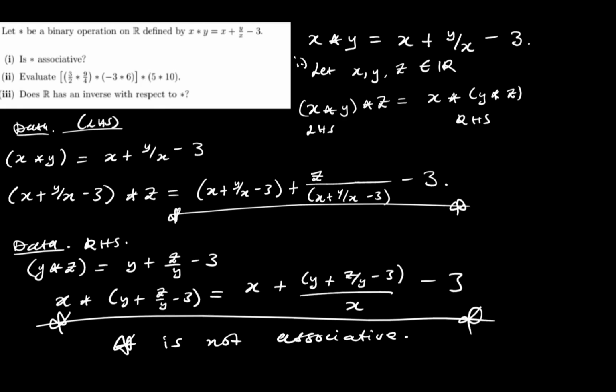Then we have the evaluation problem there that we have. All right, so the evaluation problem is saying that we have 3 over 2 star 9 over 4 star of minus 3 star 6 star 5 star 10.